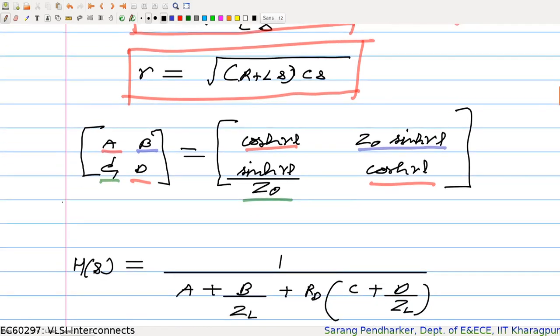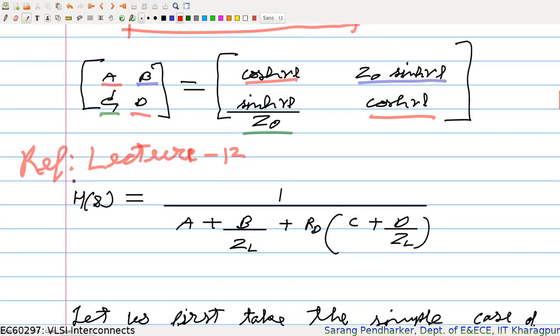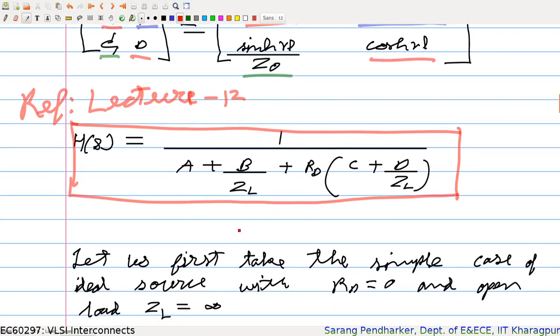So in lecture 12, let me write specific reference to lecture 12, we had derived this expression for my transfer function, where A, B, C, D are all these cosh and sinh terms.